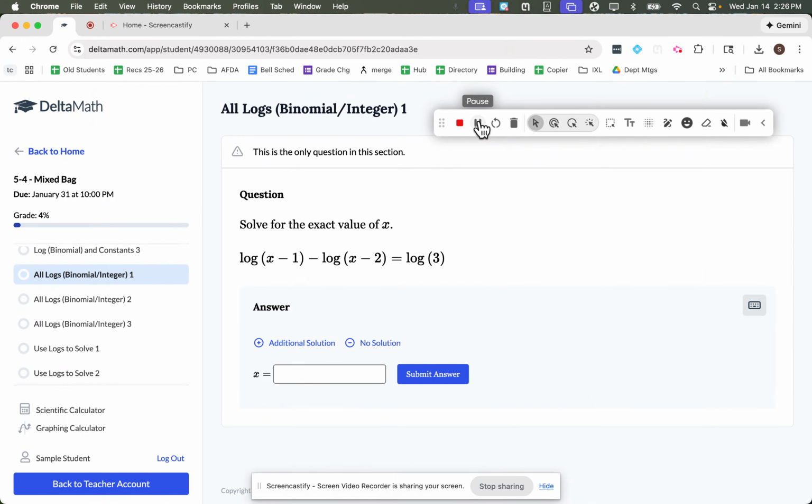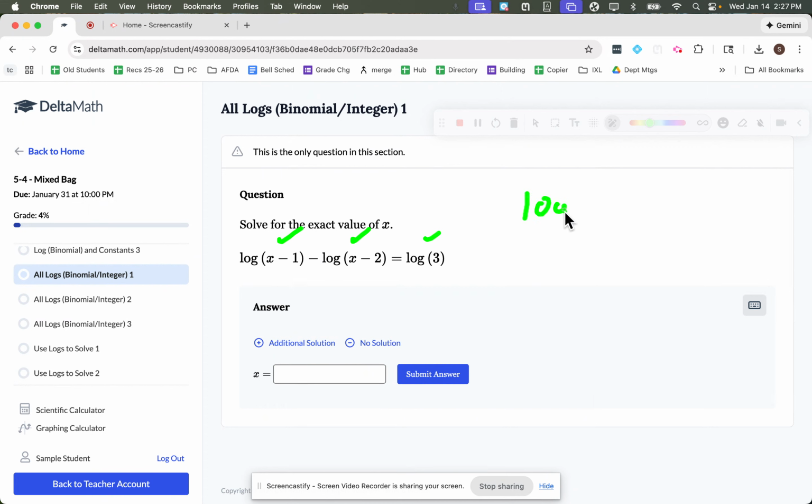When you have the kind of equation where everything is logs, all the terms, it goes log, then something, log, log. This is where you want to use your log rules and achieve this. Log of something equals log of something.